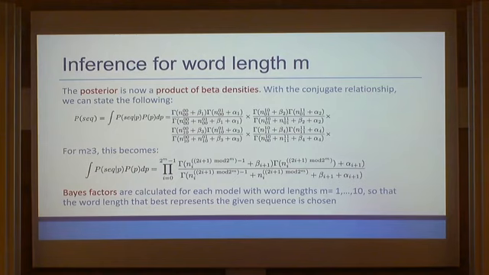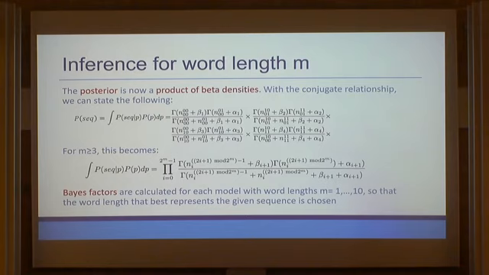And it's useful to do that because if you notice, there aren't any transition probabilities in this equation here, and so it means that we can estimate the word length, and then given that we've estimated that word length, we can then estimate what the transition probabilities would have been for that sequence.